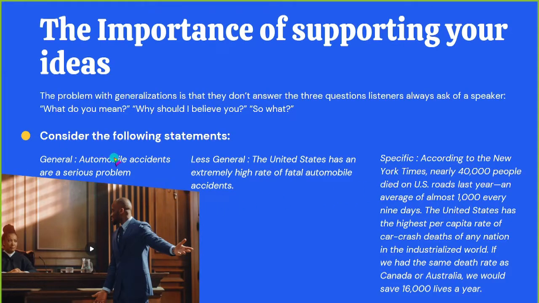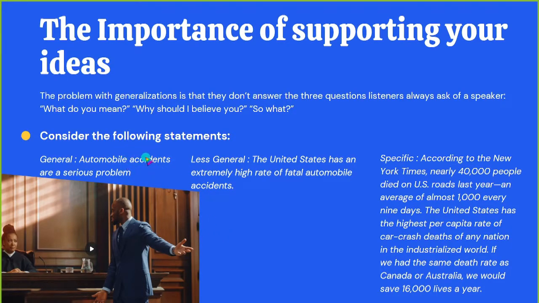Okay, consider the following statement. When using a general statement inside your outline, for example, automobile accidents are a serious problem, that will be very general, very vague, and then they will say that accidents don't only consist of automobile accidents, that will be another problem.